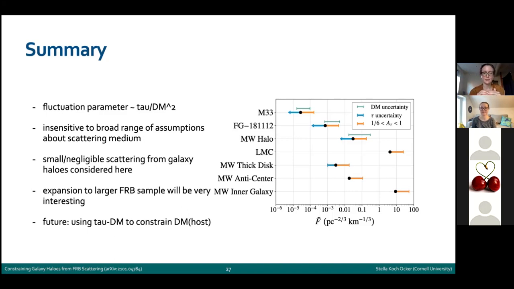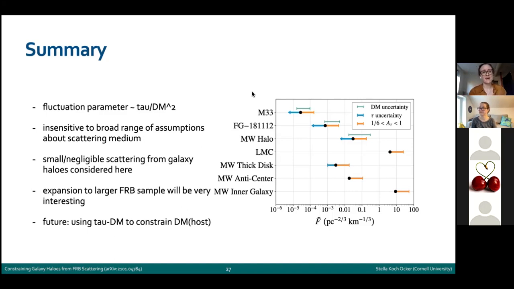Both of the cases that we consider here, 181112 and 191108, do have fairly small impact parameters, they're well within the virial radius of the foreground halo, but even then we don't see very much scattering. So it would certainly be interesting to see a case with an even smaller impact parameter, where we would expect maybe the ISM of that foreground galaxy to have a significant contribution.